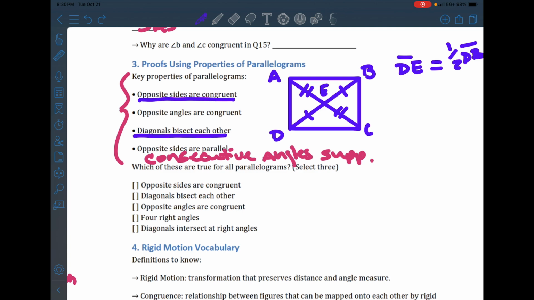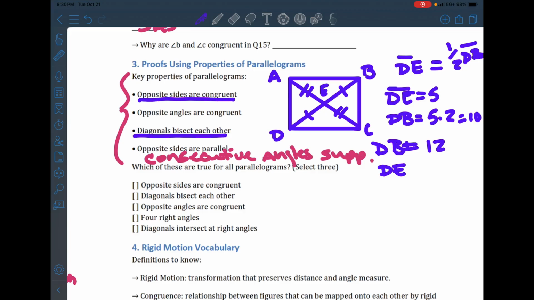So if I said DE equals 5, then what does DB equal? So we're going to multiply 5 times 2, and you get 10. If I said DB equaled 12, what does DE equal? Then I'm going to take 12 and divide it by 2, and I get 6.